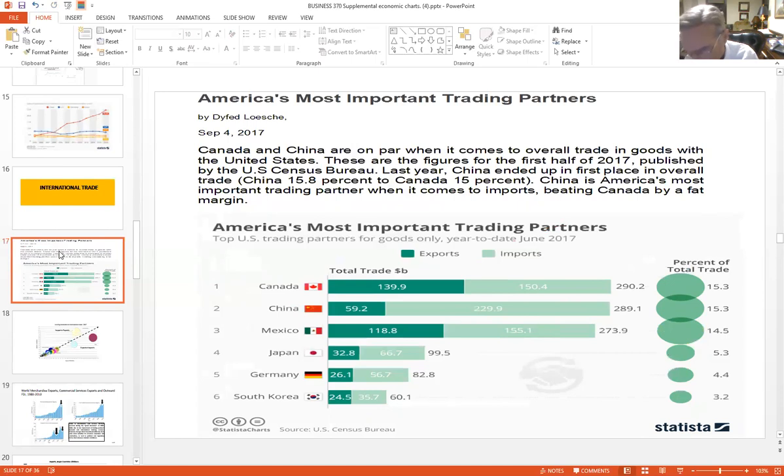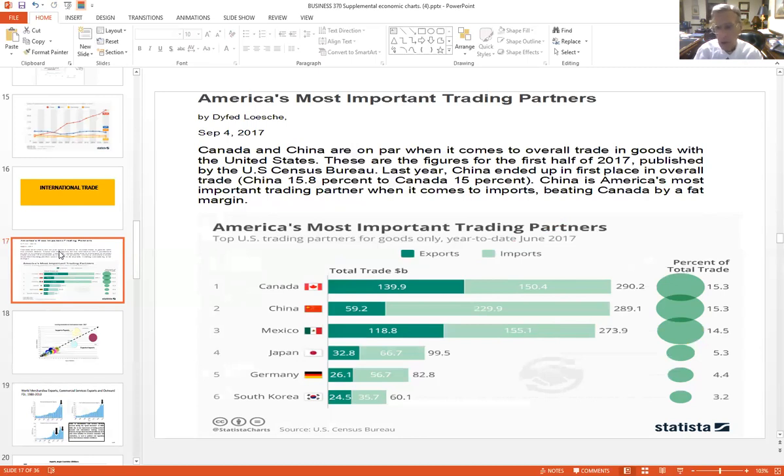But we import just a little bit more than we export to Canada. In terms of China, about the same as Canada in 2017.